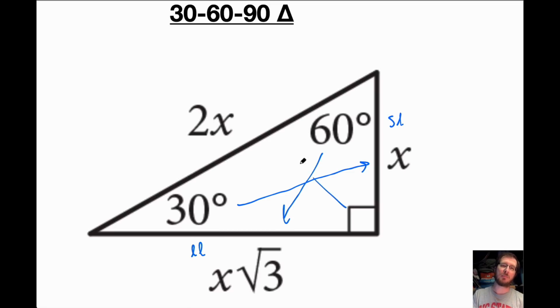And the side opposite the right angle is always called the hypotenuse. And that's an L, by the way. The relationship between the sides in a 30-60-90 triangle: if the short leg is some value x, then the hypotenuse is always going to be double that value. Going back to the short leg, the relationship between it and the long leg is always going to be the short leg times root 3.